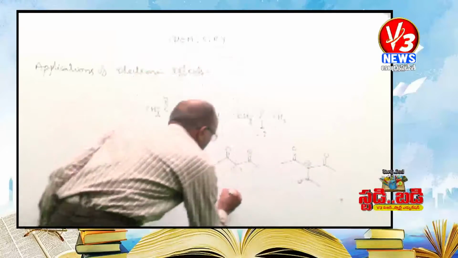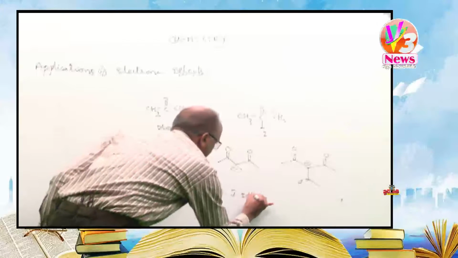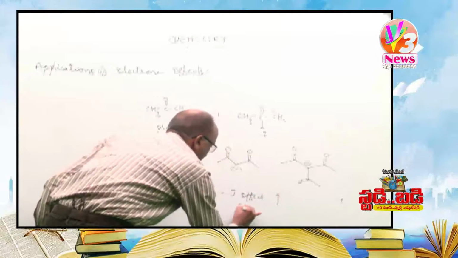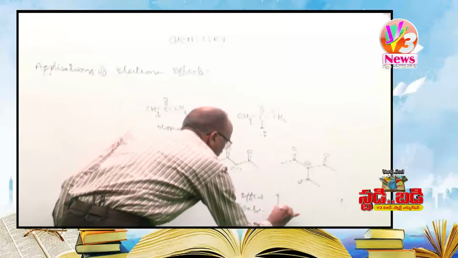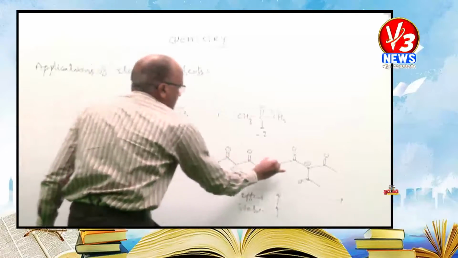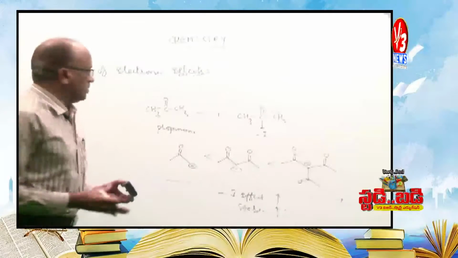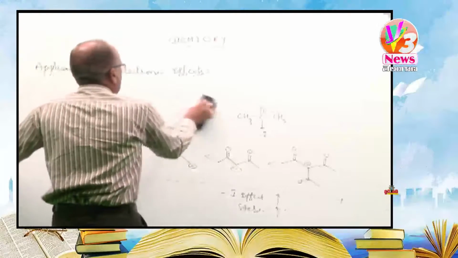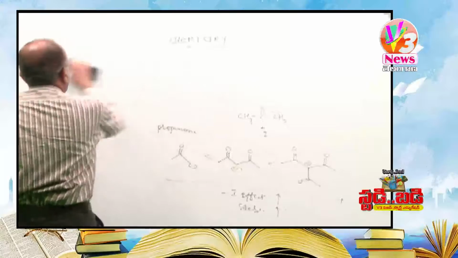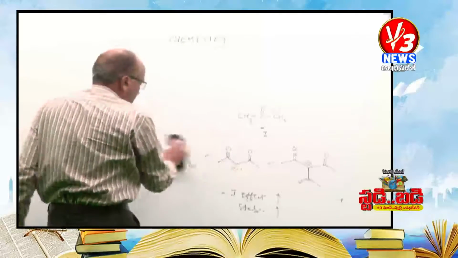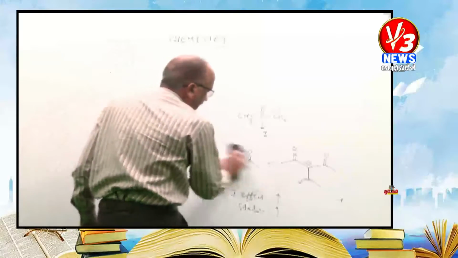So here the minus I effect increases, then the stability of these carbanions also increases. Then what is the stability order of these? I think you understood. Now we will take, in the same way, applications of electronic effects. Next one, stability of free radicals.